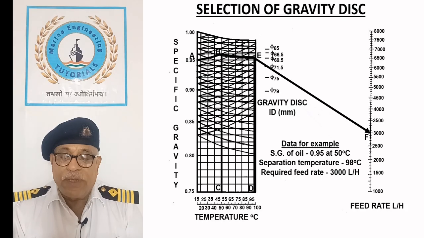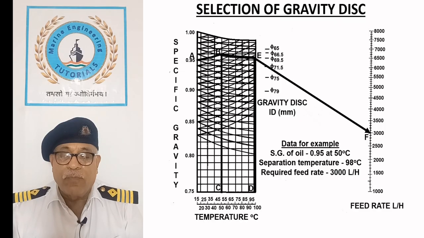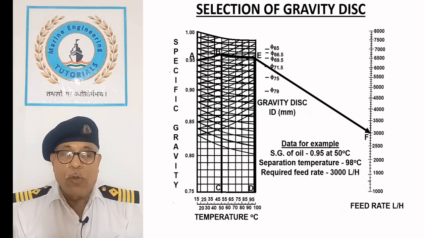If the interface shifts too far and breaches the water seal, oil will be discharged from the heavy phase outlet, triggering an alarm. Ideally, the interface should lie just over the distribution holes.